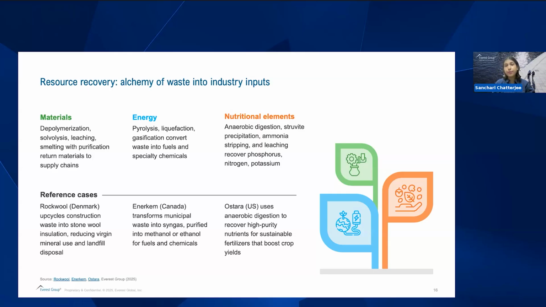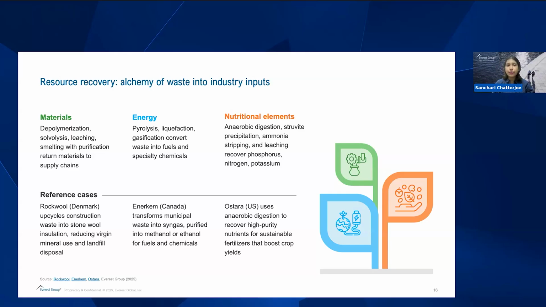Rockwool, for example, is turning construction waste into stone wool insulation, and thereby they are drastically reducing the virgin mineral use. Now, under the energy section, processes like pyrolysis or liquefaction or gasification convert complex waste into syngas or specialty chemicals. What is an example here? Enerkem. Enerkem is a great example because they turn municipal waste into methanol and ethanol in their Canadian facilities.